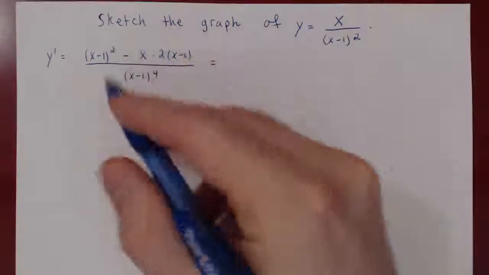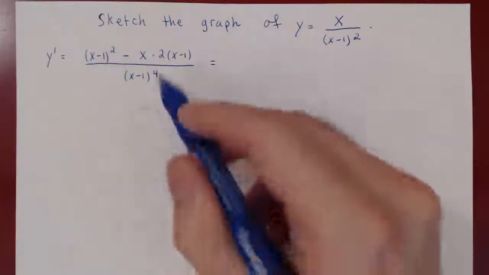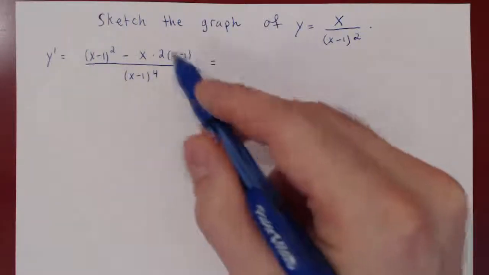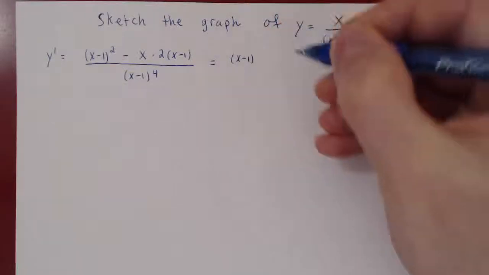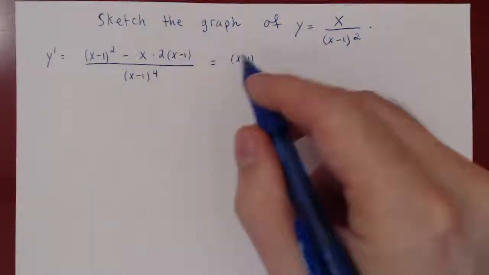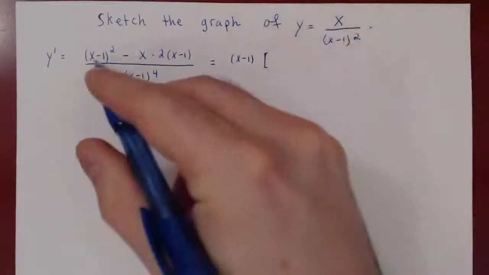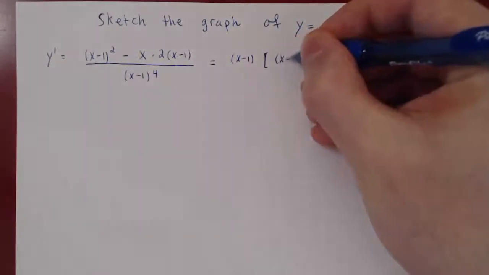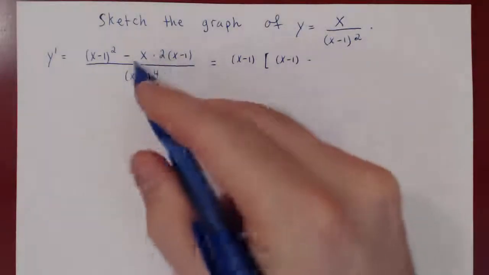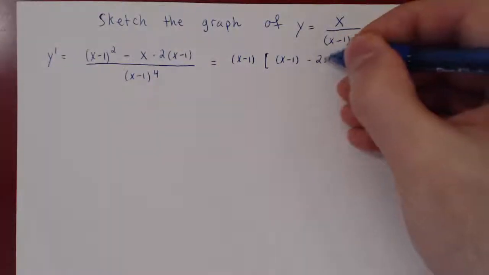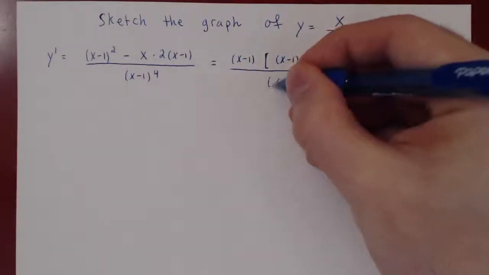We have the derivative we want to simplify, so look on the numerator to factor common terms, and these terms share an x minus 1 factor. As the only common factor between these two terms, you're left with an x minus 1 here, minus 2x, over (x minus 1) to the fourth power.